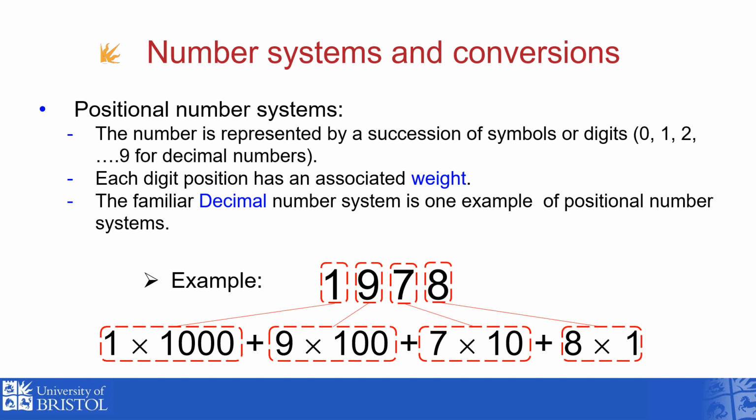You already start to see some pattern. We start from 1, and we go to 10 times 1, then 10 times 10, and then 10 times 100. So again, the familiar decimal system is one traditional example of a positional number system.